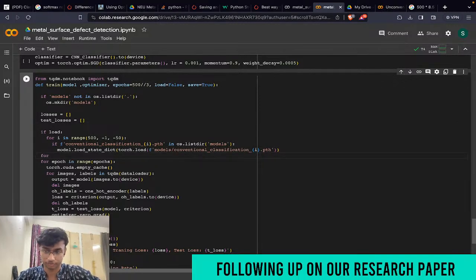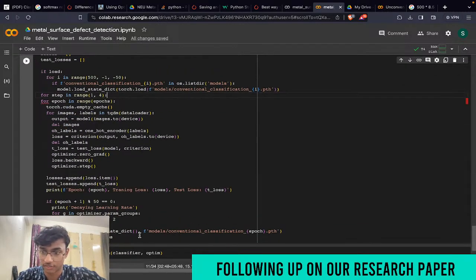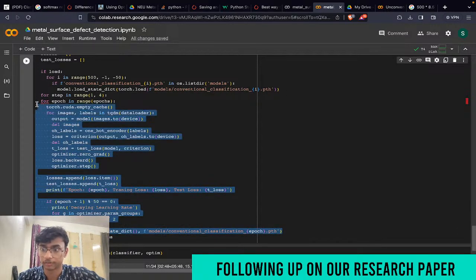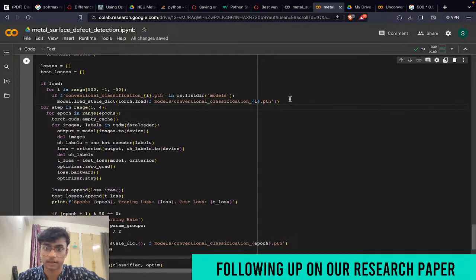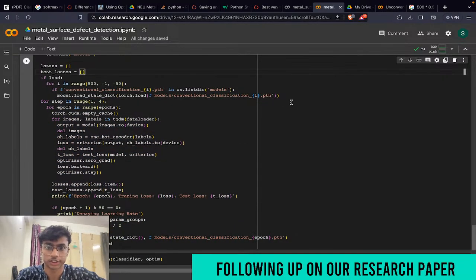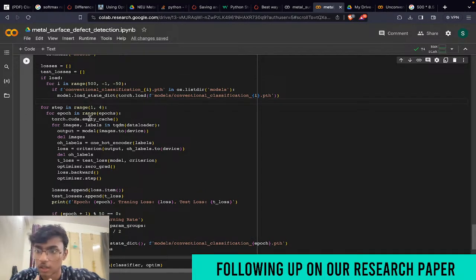Now for step in range 1 to 4, because we are using one indexing for steps, let the return be there only. Rest everything remains the same. There is not much change to the code. That's the best part. So all of this remains the same.